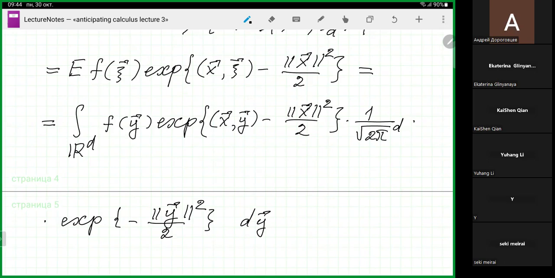Now let me collect these two exponents together.